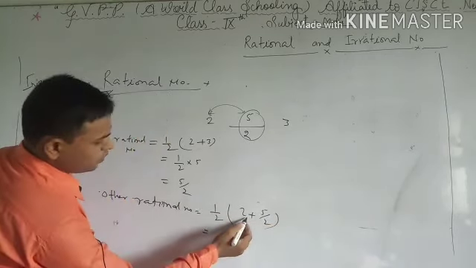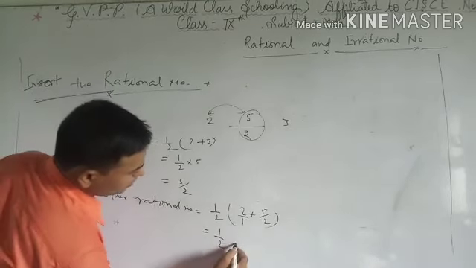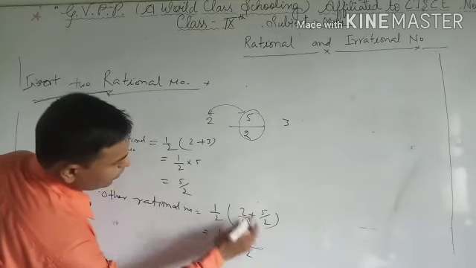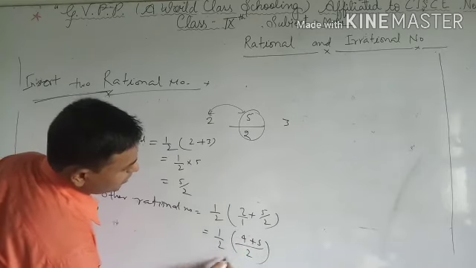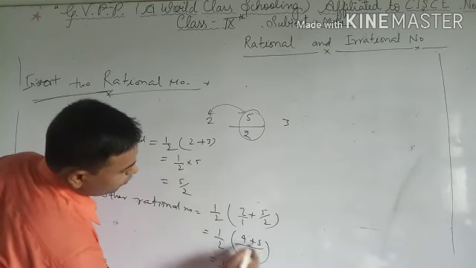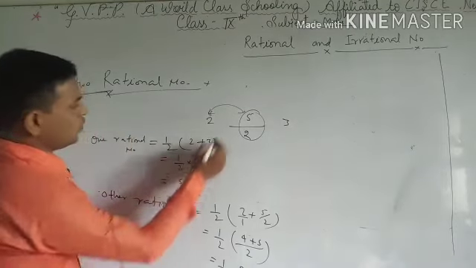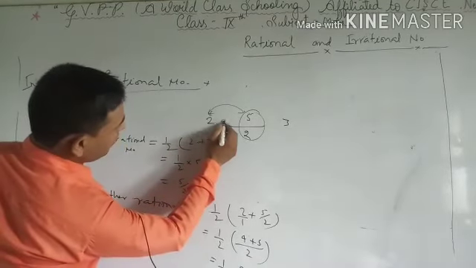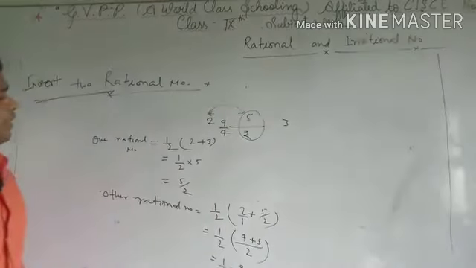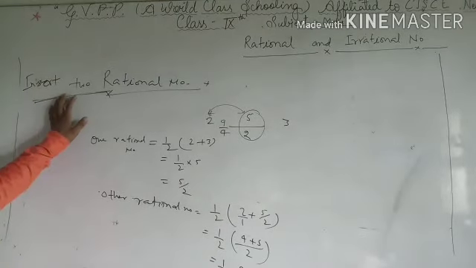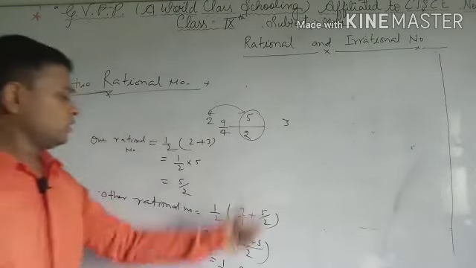How will you solve this? You will take the LCM: 2 twos are 4 and 5 ones are 5. This will be 1 upon 2 times 4 plus 5 upon 2, that is 9 upon 2, which means 9 upon 4. So here you can write 9 upon 4. So students, you can insert one rational number, two rational numbers, or three rational numbers by using this formula.